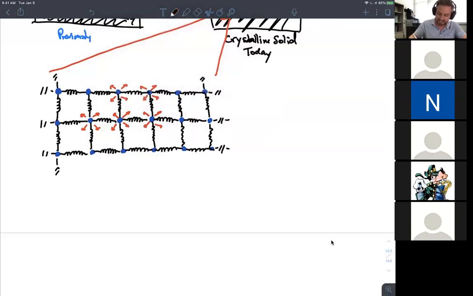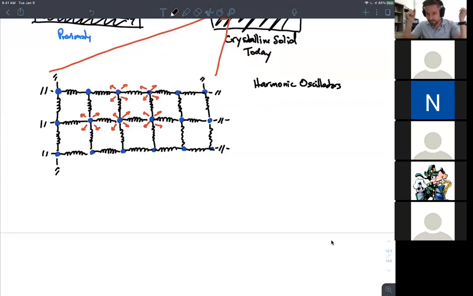So each one of these atoms and molecules looks like a harmonic oscillator, right? You can imagine each of the atoms and molecules that make up a crystalline solid held in place by bonds which function, at least to a first order approximation, as springs, behaving as though they are a bunch of harmonic oscillators.